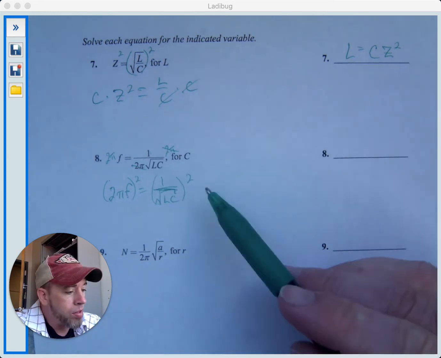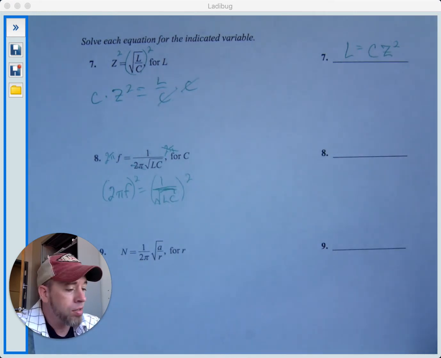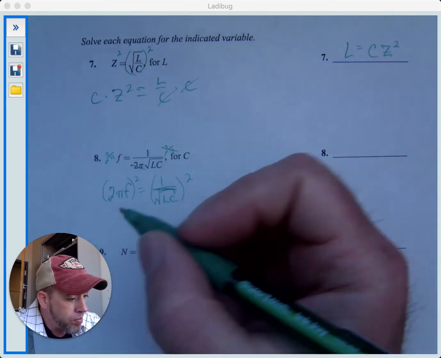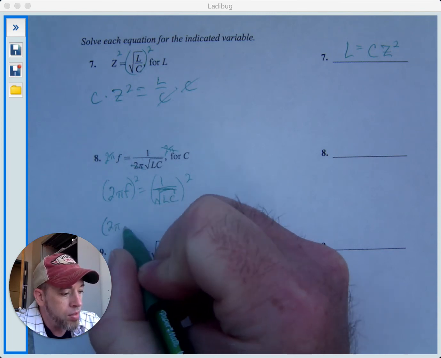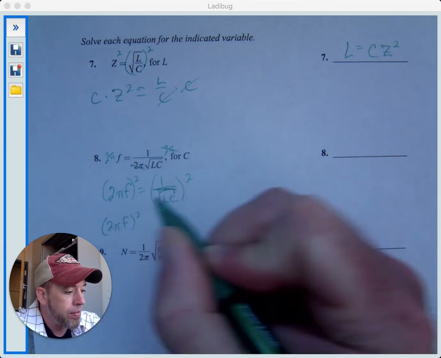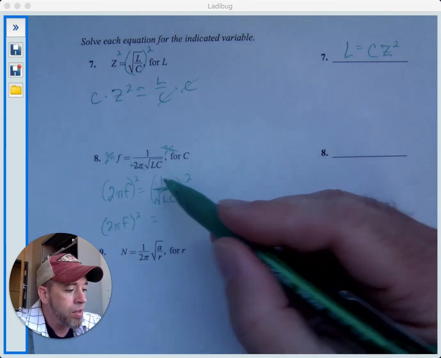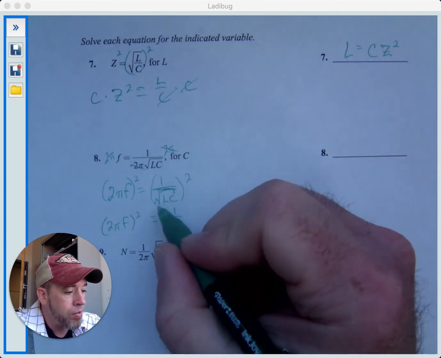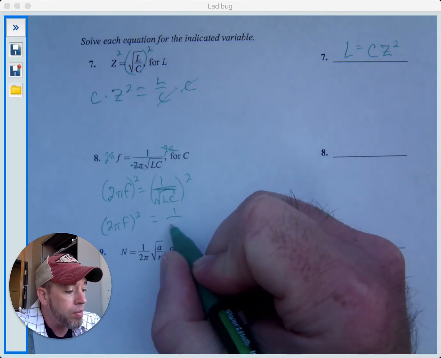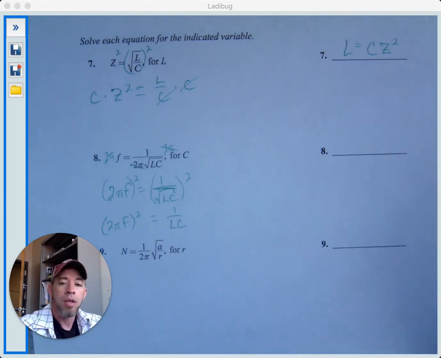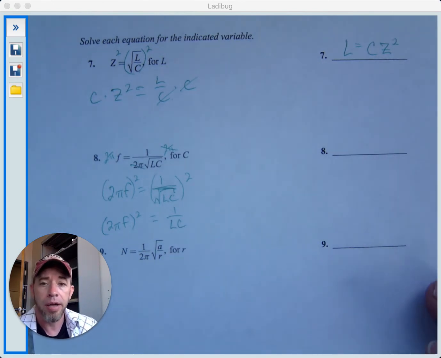And we have a 1 squared, which is just 1, so it doesn't change the numerator on the right. So on the left, we just have, I'm going to just leave this in parentheses, 2 pi f quantity squared. On the right, 1 squared is 1, and the square root of LC squared, well, the square root and square cancel each other out, we just get LC. So that's a good step forward. We don't have any radicals.